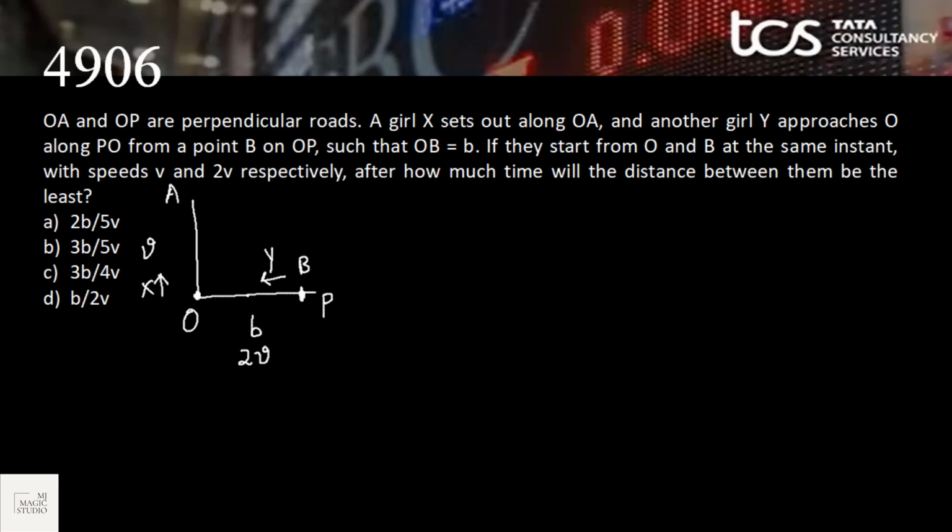Let after t time, t units, the distance between X and Y be least. So suppose X is at this point after time t and Y is at this point after time t, and the distance between them is this hypotenuse in this particular triangle.